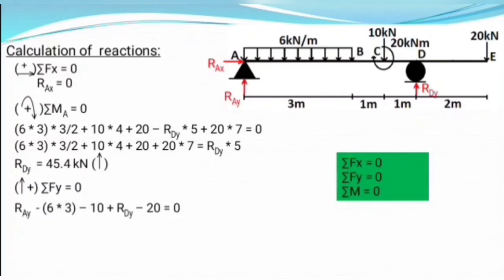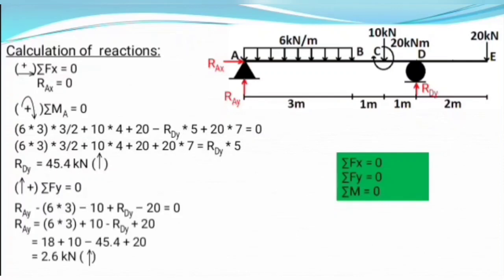And now, on substituting the value of RDY as 45.4 and solving this equation, we obtain RAY equals 2.6 kilonewton in upward direction. Here also we obtained the value of RAY as positive 2.6 kilonewton, which means our assumed direction of RAY was correct, which is in upward direction.